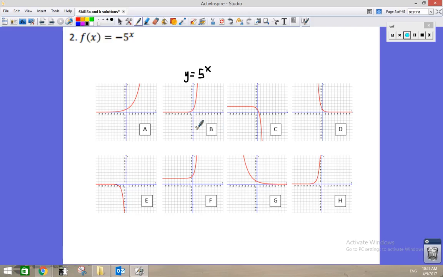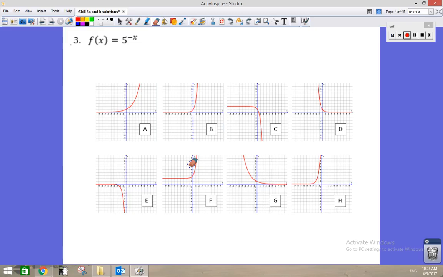So we would be looking for something that looks like this. Accidentally I left that graph off, so we don't see it. So if you want to put not applicable, the graph for number 2 is not among these choices. I intended to have a reflection of this 5 to the x across the x-axis, but I accidentally left it off. Sorry about that.